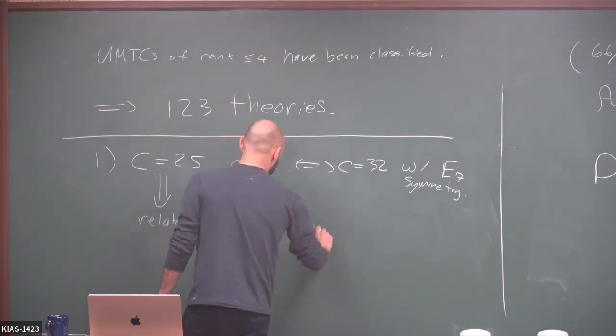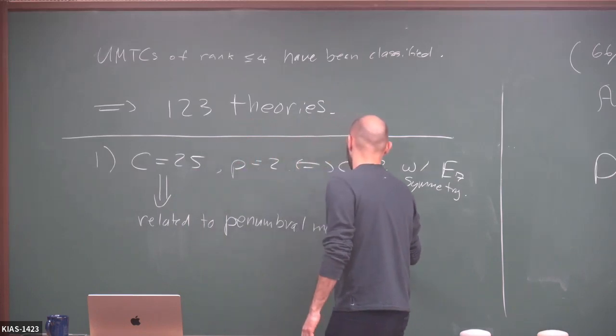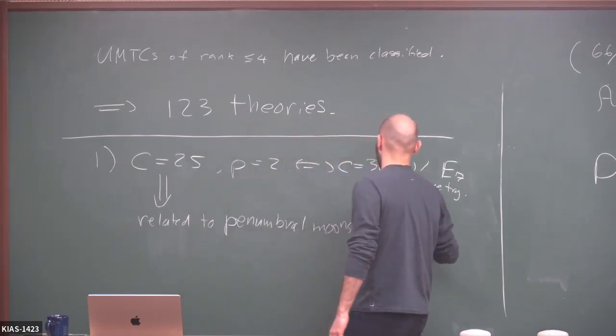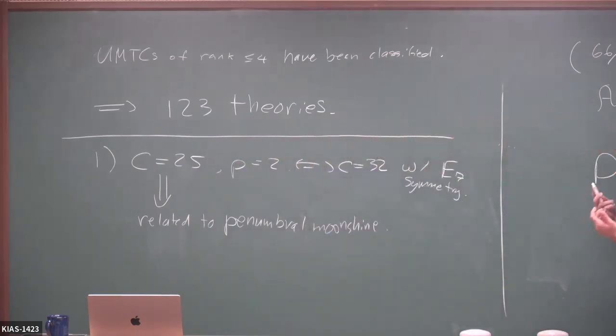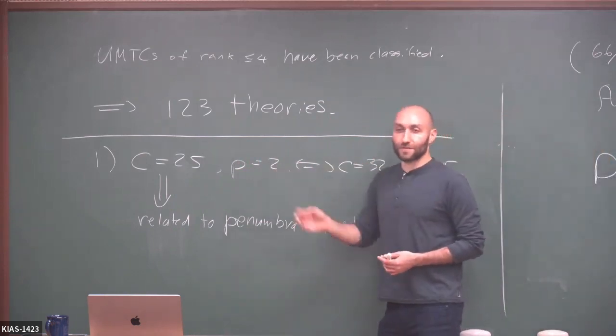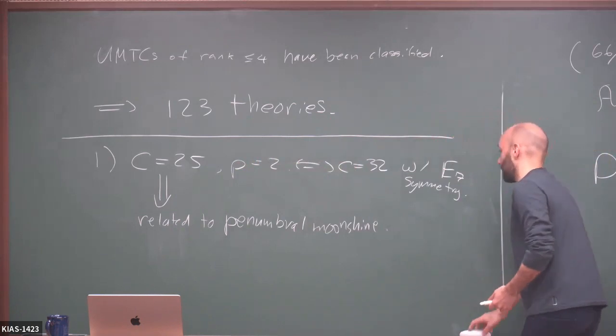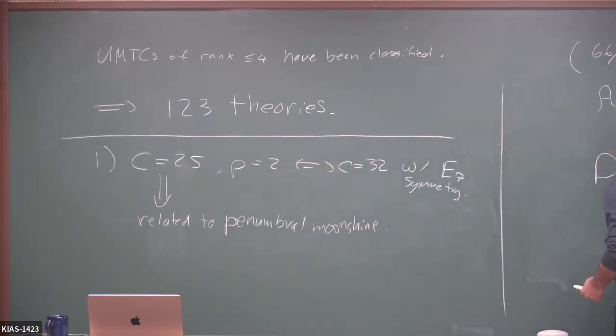Moonshine is about relationships between modular forms and exceptional finite groups. So there's a chance that if you do this classification, you'll find a cute theory with relationships to exceptional finite groups.